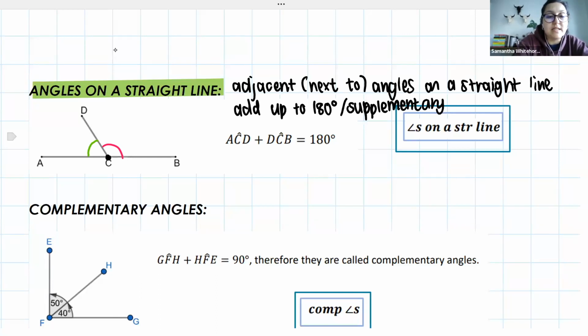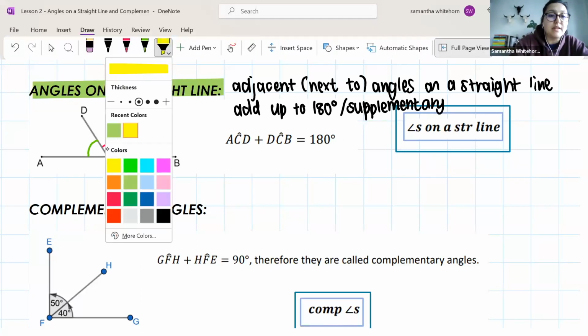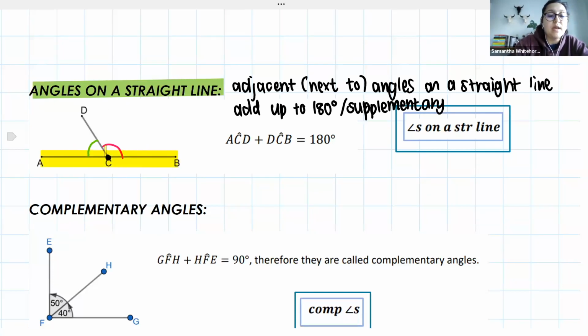This angle ACD is adjacent to or next to angle BCD. We can also very importantly see that these angles are on a straight line. Okay, so they both sit on the line AB or ACB, either way, it doesn't really matter, but they are on that straight line.